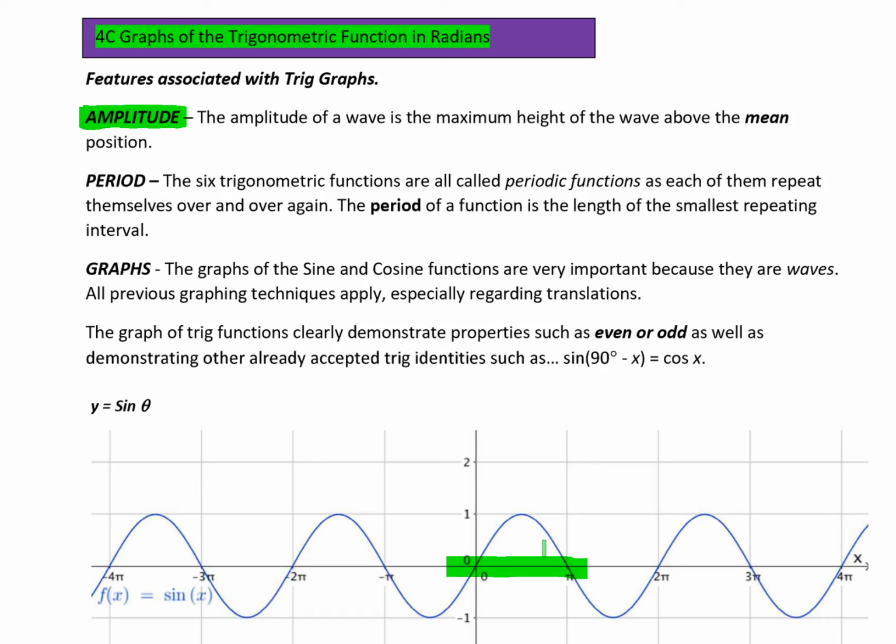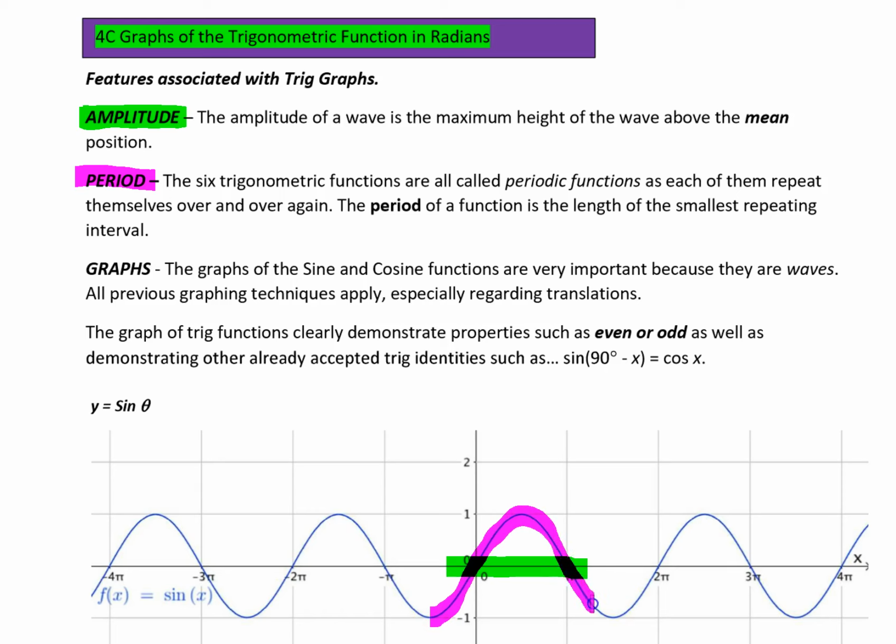You'll see amplitudes can change by us introducing a constant into the function, and you'll see that happen a little bit later on. So that's amplitude. The period is another concept that is a feature of trig graphs, and remember I said that they are wave functions and that they repeat themselves.